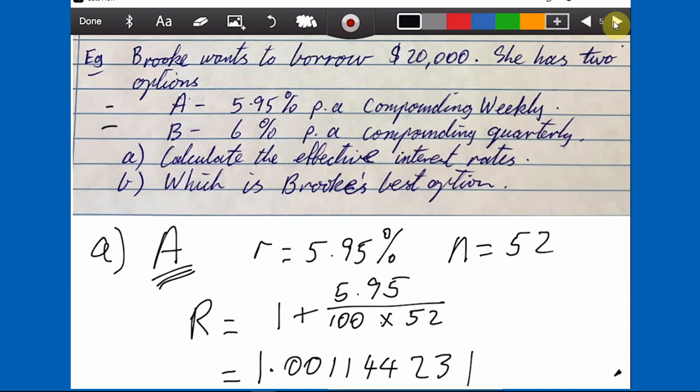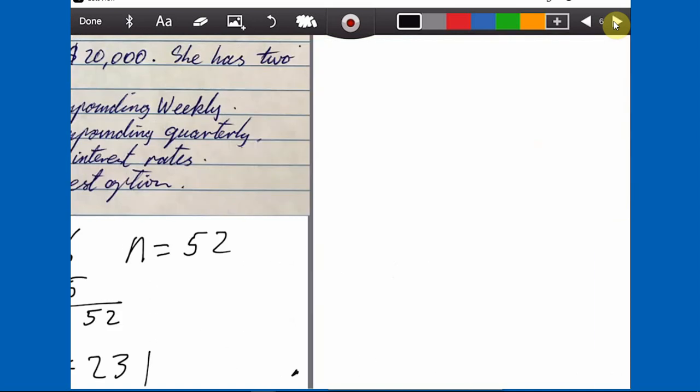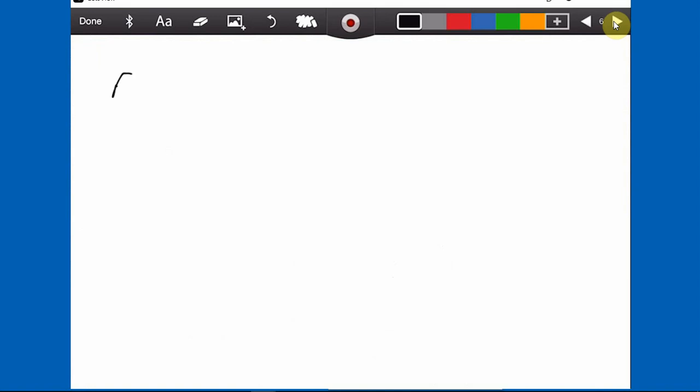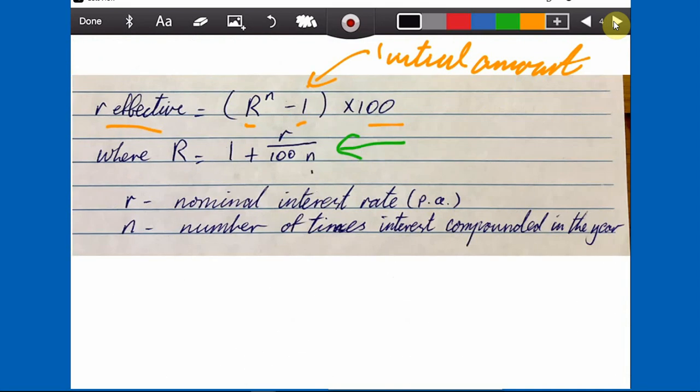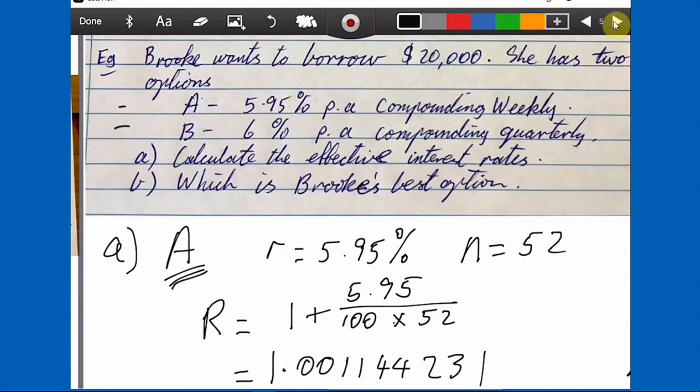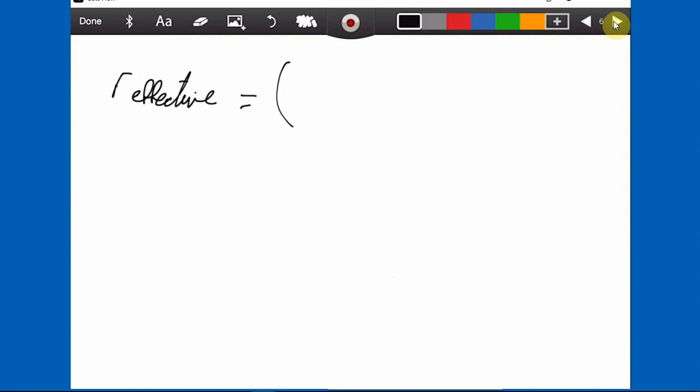So then the effective interest rate, for that we'll go back. There it is: big R to the N minus 1. So we need big R, which was 1.00114423 to the power of 52 minus 1 times 100.